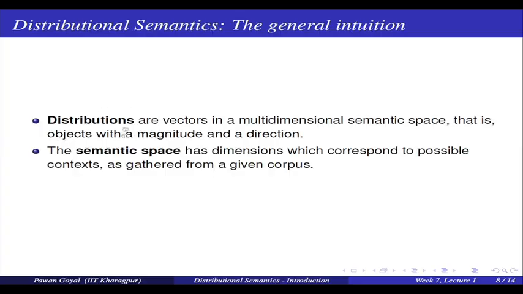So I have distributions that are vectors denoting the words in that multidimensional semantic space, and the semantic space has dimensions which correspond to various possible contexts, and these contexts can be gathered from a corpus. So every word I am denoting in this semantic space, and this is my distribution semantics, and this semantic space is composed of various dimensions that are the contexts in which I am trying to represent a given word.